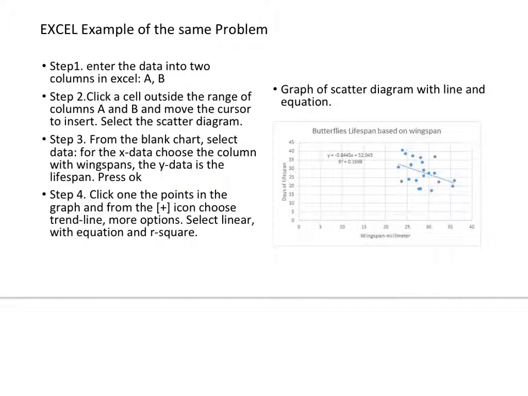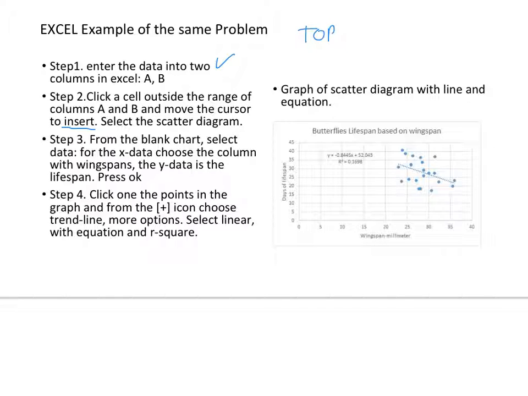Finally, we did the same problem using Excel. In this case, we entered the data into two columns, in column A and column B. We clicked a cell outside the range of column A and B and moved the cursor to the insert key at the top of the page.